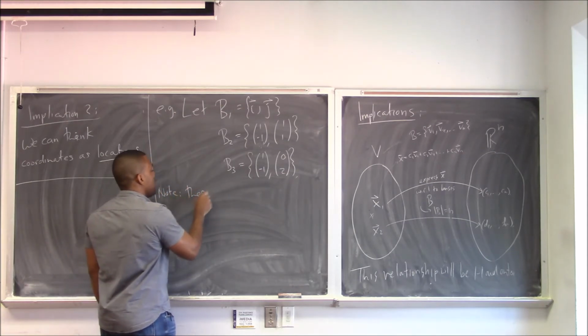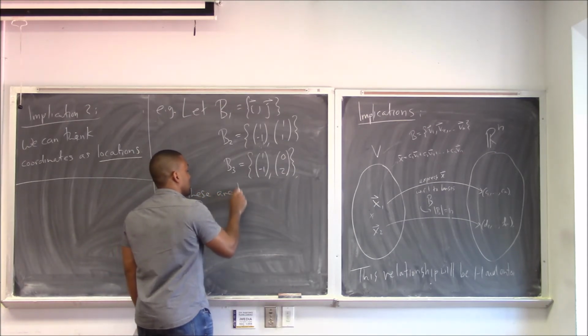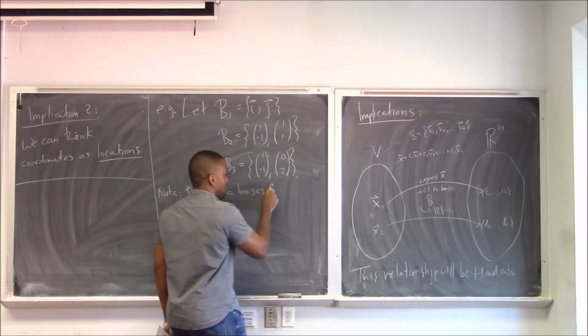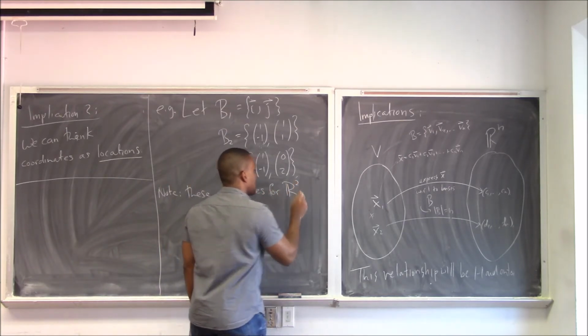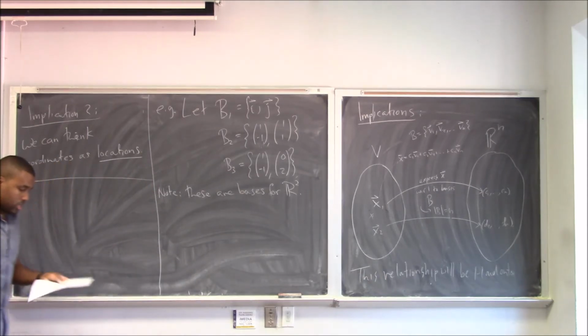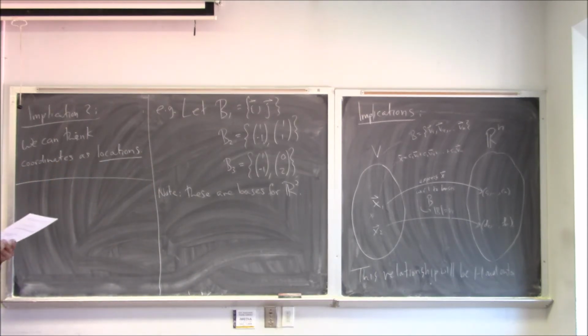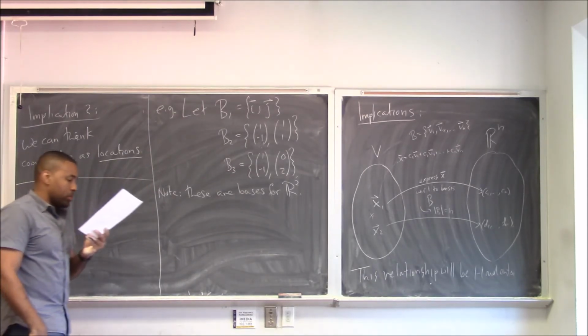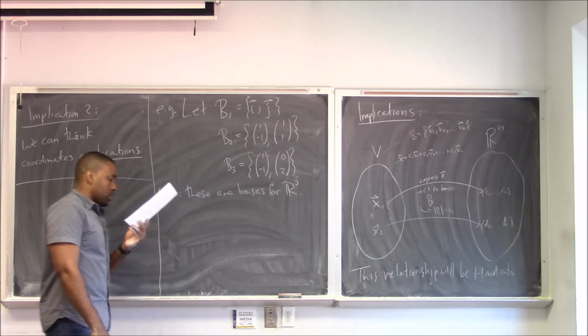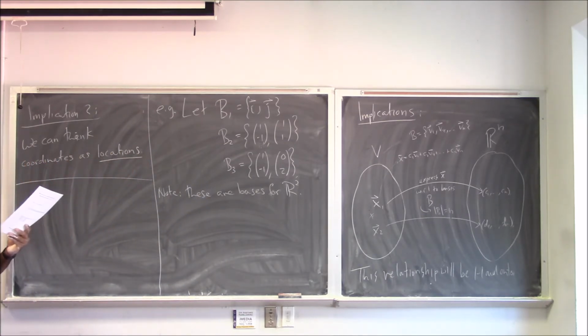Note, these are bases for R2. The reader can verify; I'm just going to tell you that those are bases, with respect to the standard operations. And here's a question.